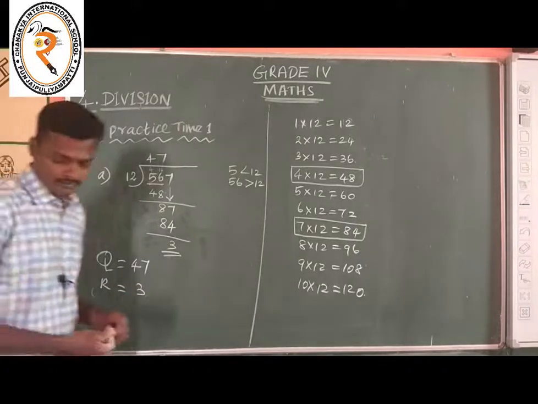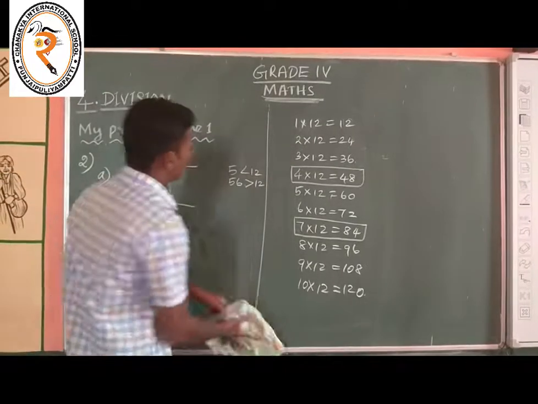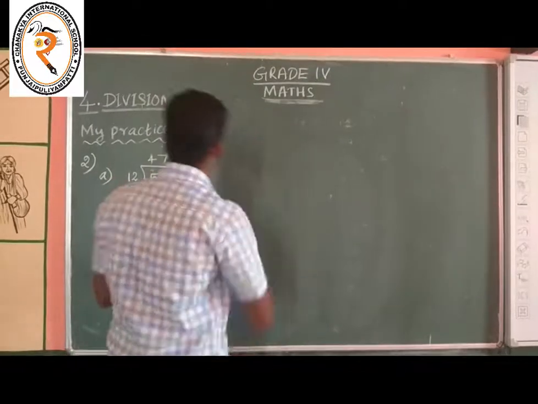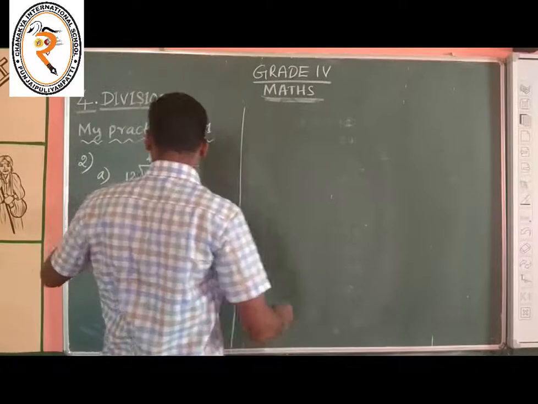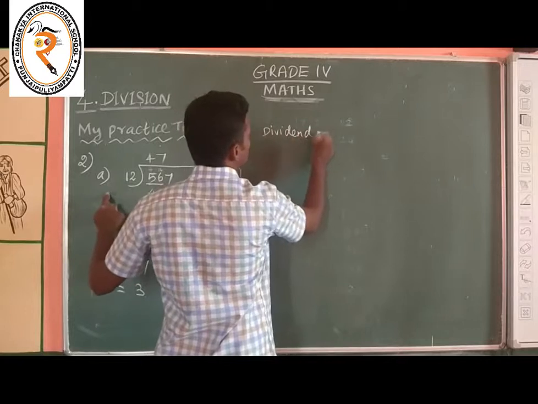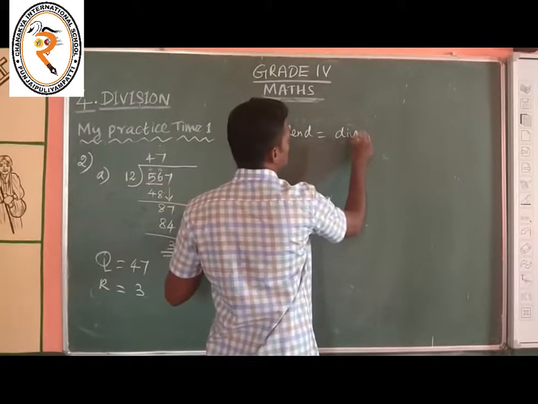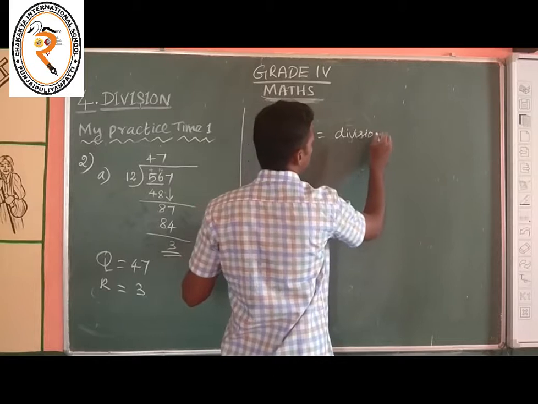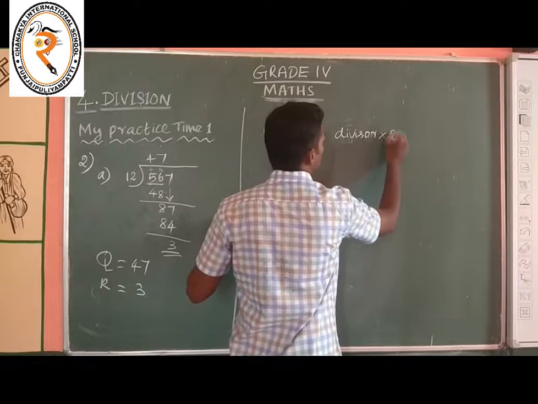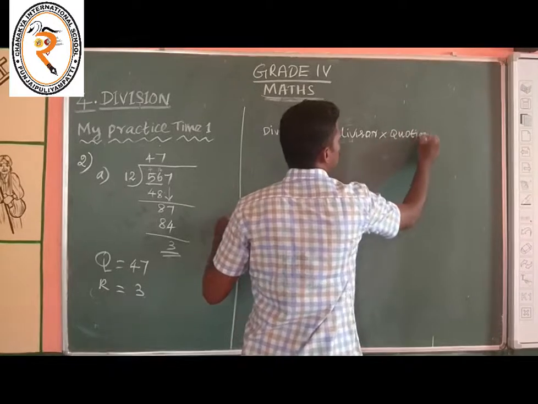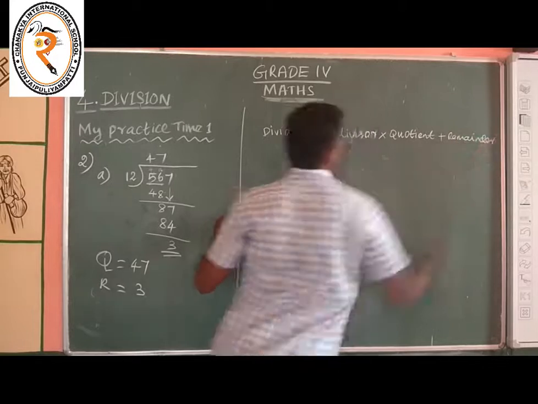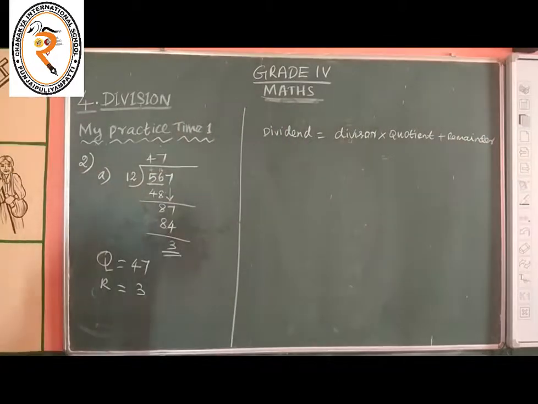Verify the answer. First, dividend is equal to divisor into quotient plus remainder.